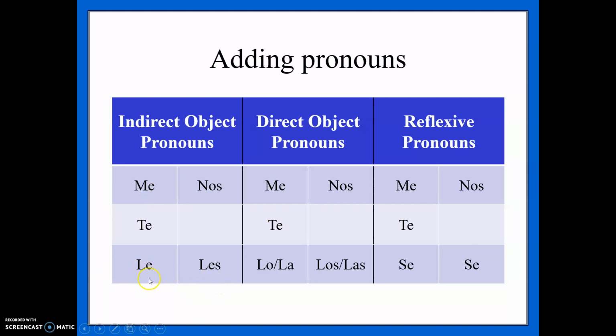So we have the le and les for indirect, lo, la, los, las for direct, and the se and se for reflexive. So remember to keep in mind which pronoun that you are using. The indirect object pronouns answer the questions to what or to whom. The direct object pronouns answer the question what or whom, and reflexive pronouns refer to things that you do to yourself.